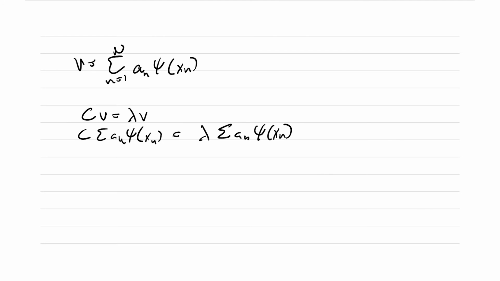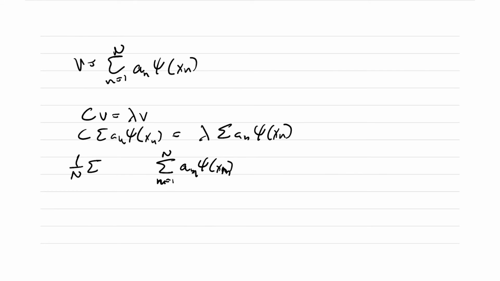And ultimately this is 1 over capital N, the sum n equals 1 to capital N, of a_n psi of x_n. Sorry, I forgot the actual matrix. And here we'll put little m, because we're going to have multiple sums within sums.